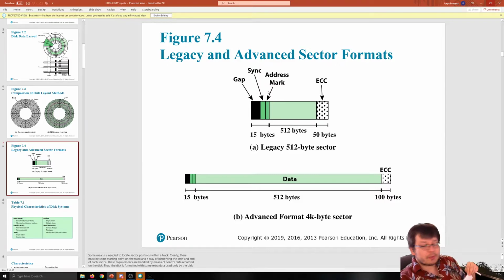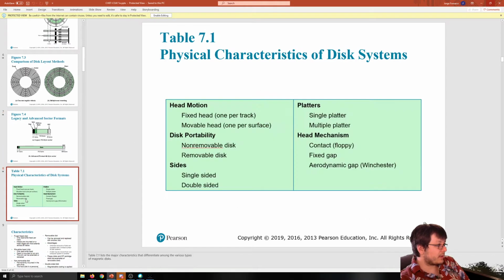The address mark is kind of the same thing, it tells you where you are on the disk. Then you have the information, and then you might have some error correction code, like we saw Hamming code already, and there are other ones like it. That could be useful because there can be read errors. The standard they came up with is a 4K byte sector, which is the bottom one. So this summarizes that.